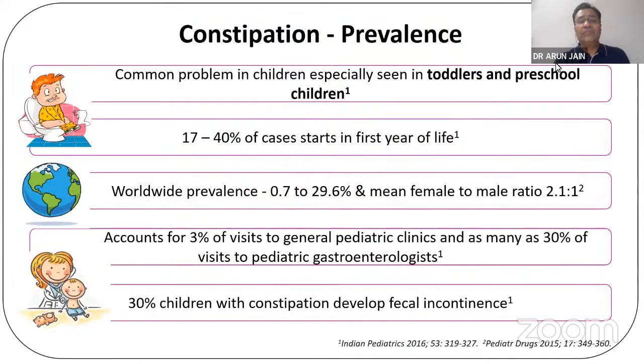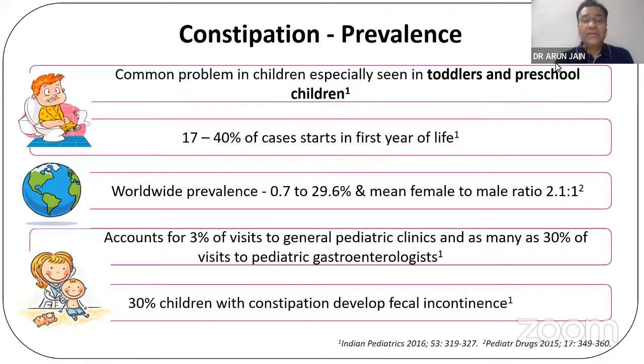Now, the prevalence is very common. It's common in children, especially toddlers and young children, and 17 to 40% of cases start in the first year of life. The worldwide prevalence is about 0.7 to 27.6%, and the male-female ratio is higher in males.